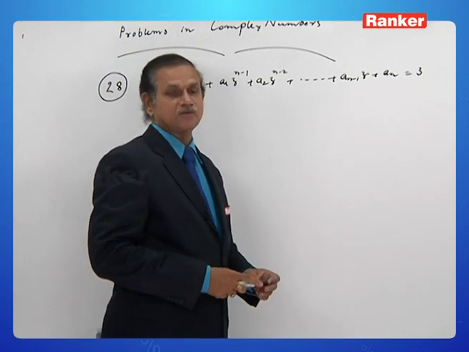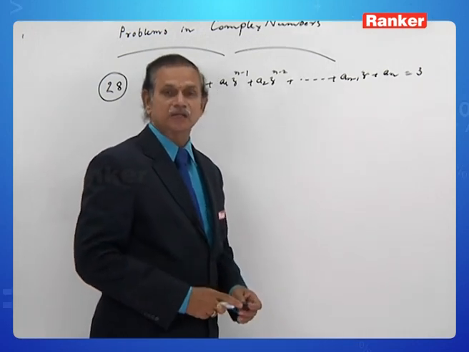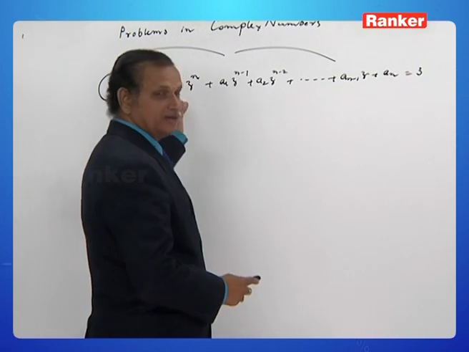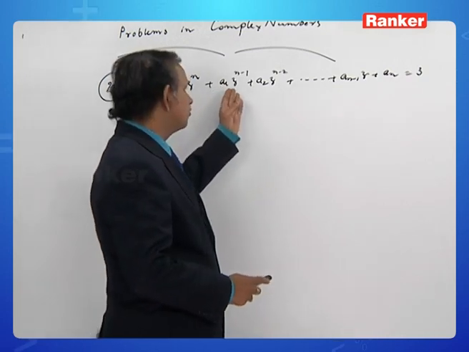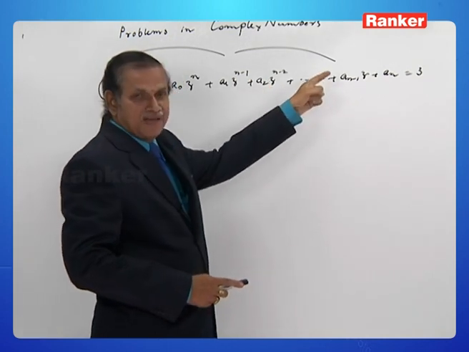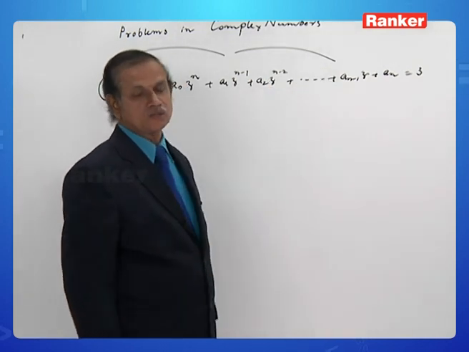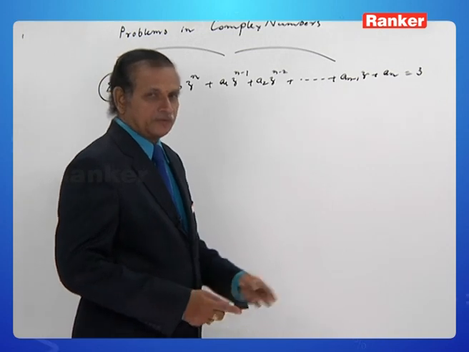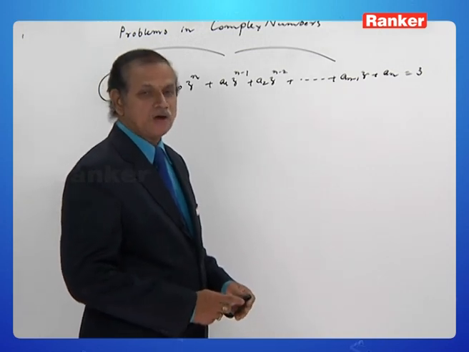For that equation, of course, z1 is a root, he is saying. It does mean that a0 z1^n + a1 z1^(n-1) + a2 z1^(n-2) + ... + a(n-1) z1 + an = 3. Okay, we are interested to find |z1|.